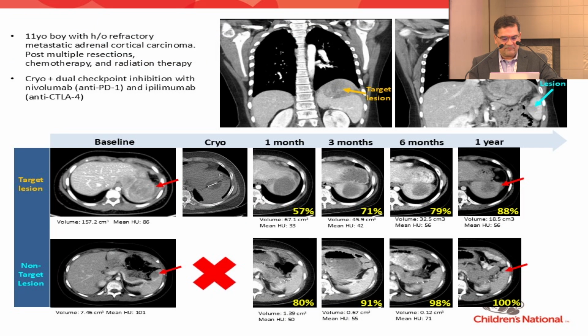Essentially, the targeted, treated lesion has decreased significantly in size, changed in Hounsfield units, and is PET negative. And the latest, the non-targeted lesion also has decreased in size, essentially non-visible, with no PET activity.